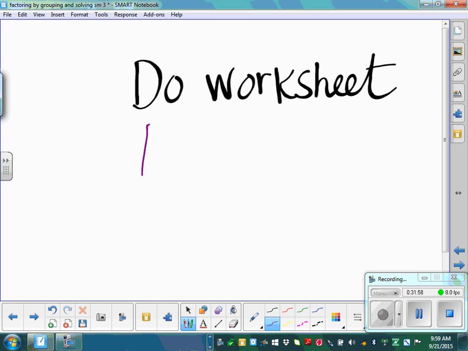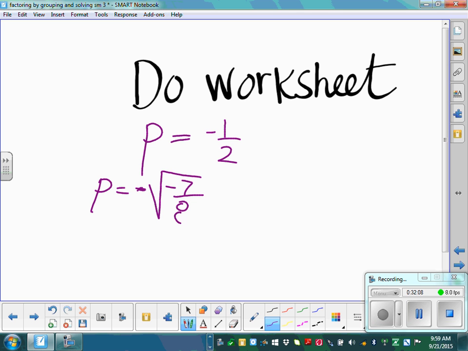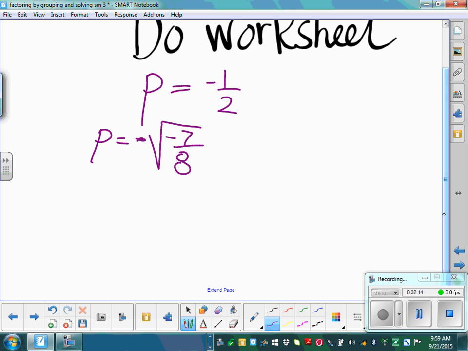So on number 1, what do you got here? You got p is equal to negative 1/2, and then you also had p is equal to negative square root of 7 over 8. And then people are asking me, well, now what? So remember, you'll split it up and rewrite it as the square root of negative 7 over the square root of 8.